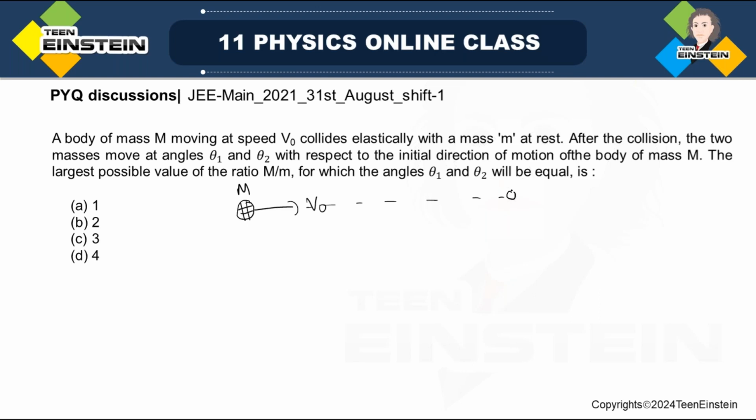Suppose there is a small m mass over here. It collides with the small m mass at rest. So initially it was at rest.